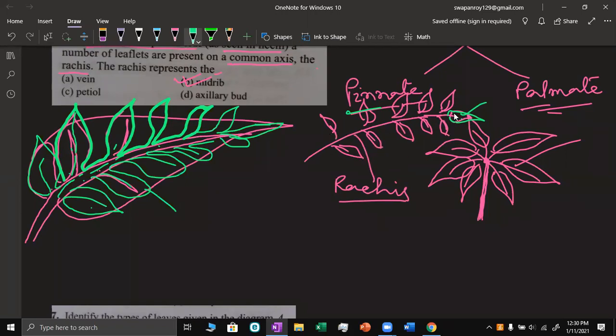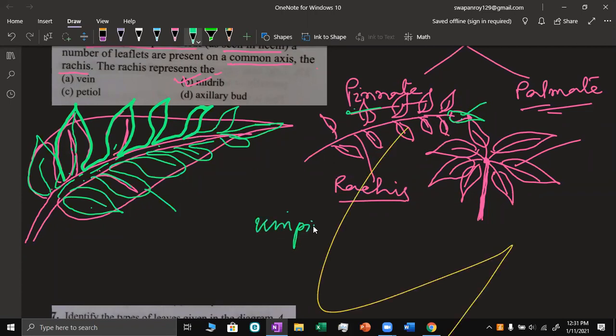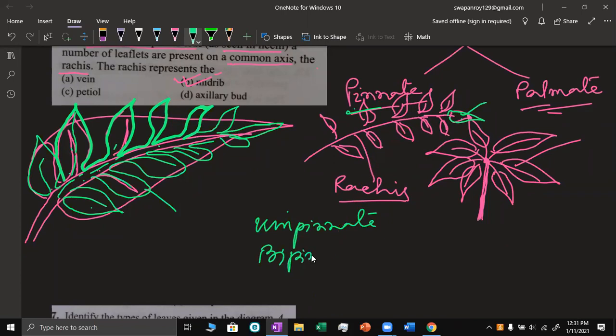If it is an even number, this is paripinnate. Again, the pinnately compound leaf can be unipinnate, bipinnate, tripinnate, and multipinnate.